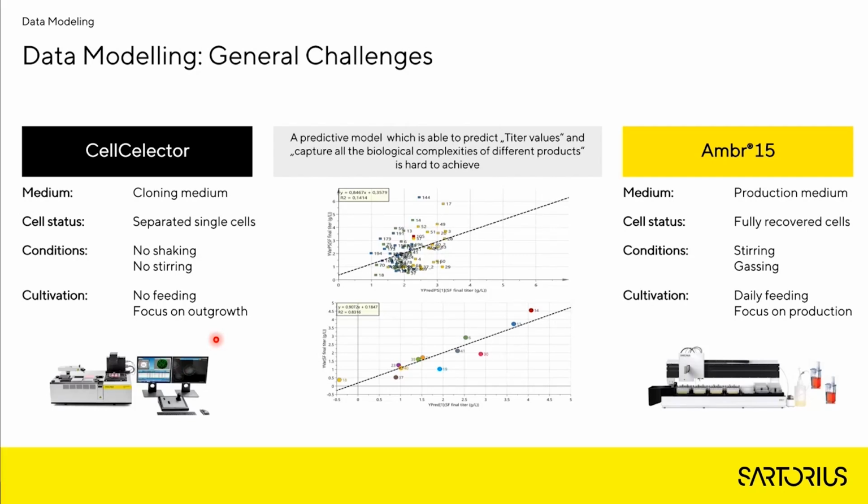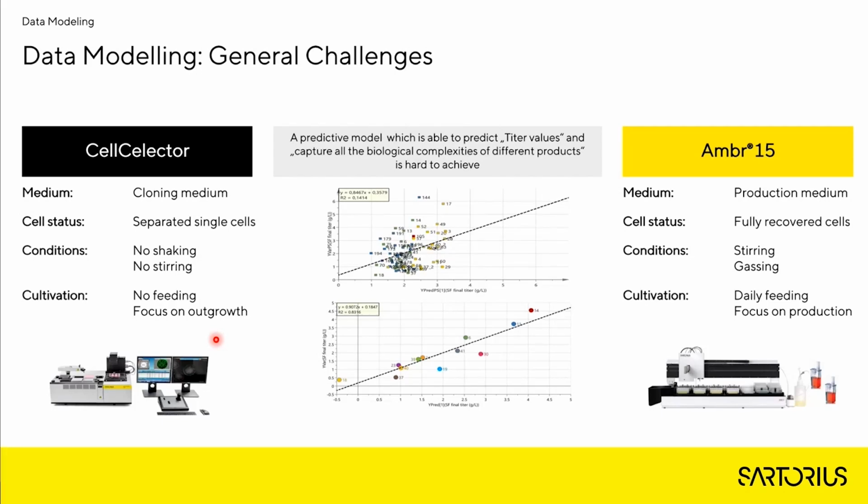But before going through the modeling strategies itself, it's good to have a look at the general challenges we are dealing with. The big challenge is that you want to provide a predictive tool, consisting of a model, which is able to predict the titer values and capture all biological complexities of different products.